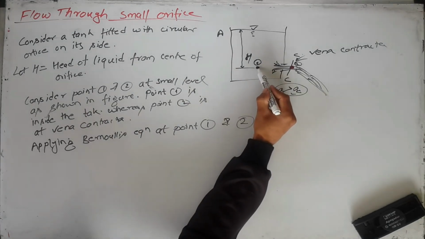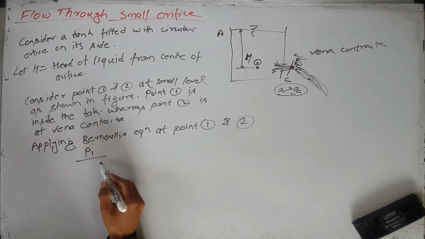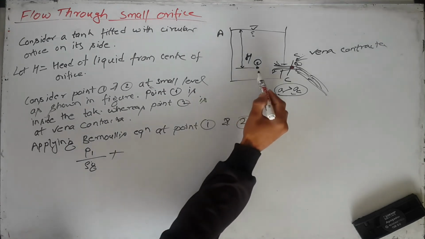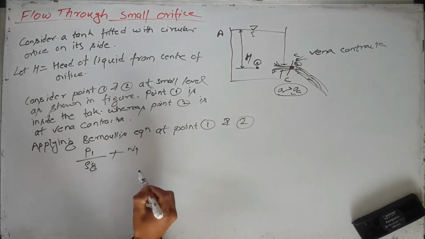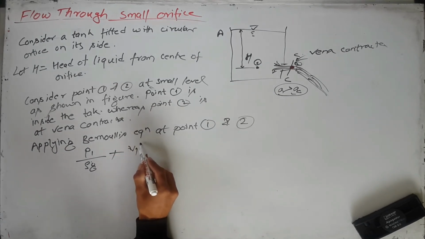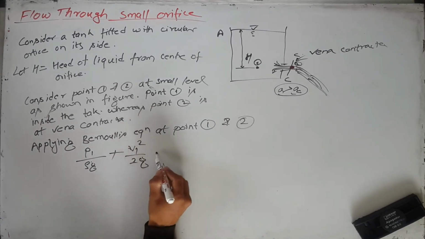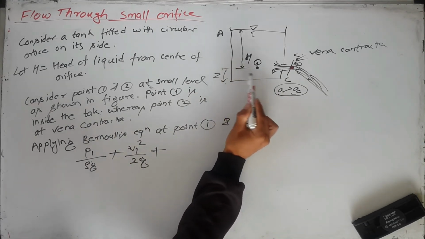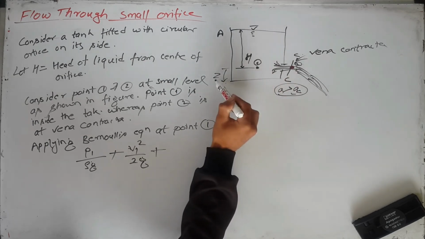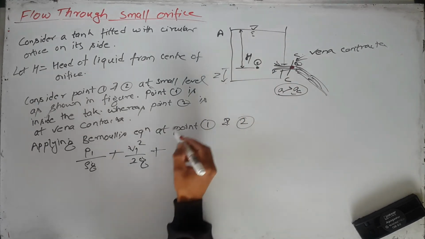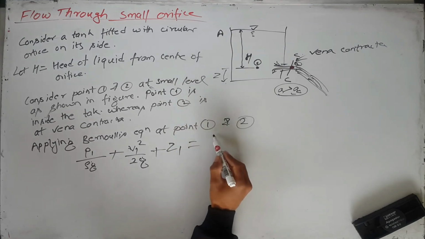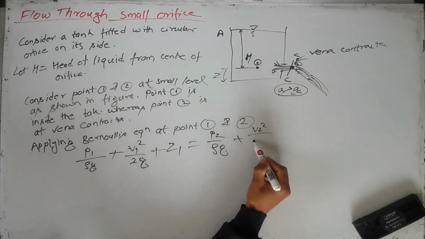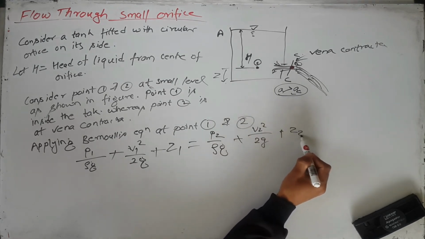At point 1 we have pressure P1, then pressure head P1 upon rho g plus velocity head V1 square upon 2g plus height z1, equal to P2 upon rho g plus V2 square upon 2g plus z2.